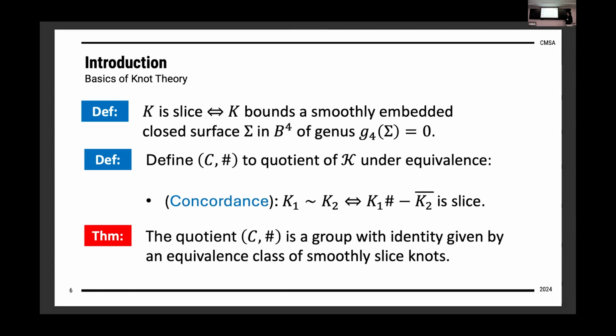Now if you take the quotient of the monoid under this equivalence, which is called concordance, where two knots are equivalent if the connected sum of one with the mirror and reverse orientation of the other is slice, then you get a group. That is one of the motivations behind considering something like the smooth slice genus.